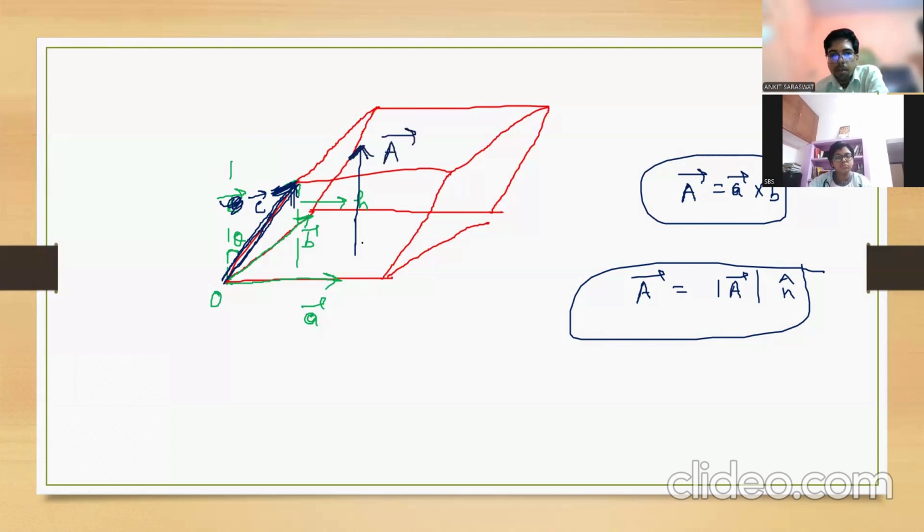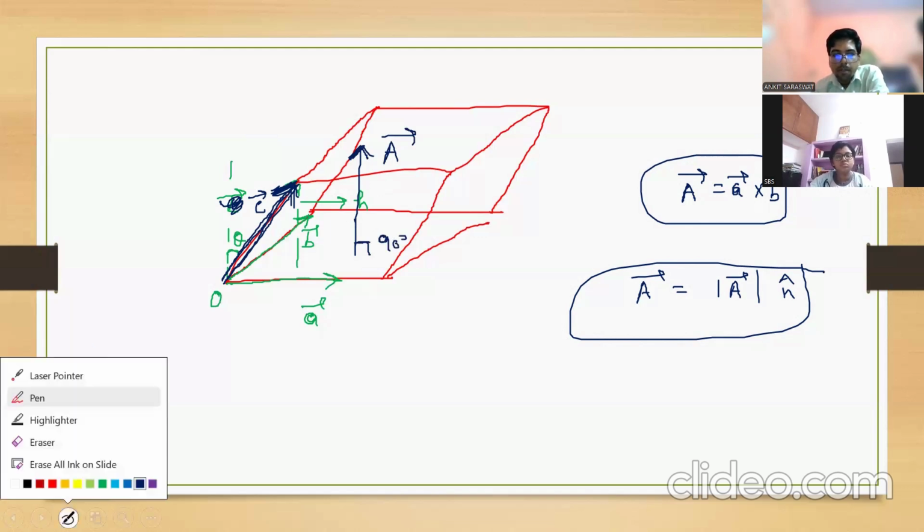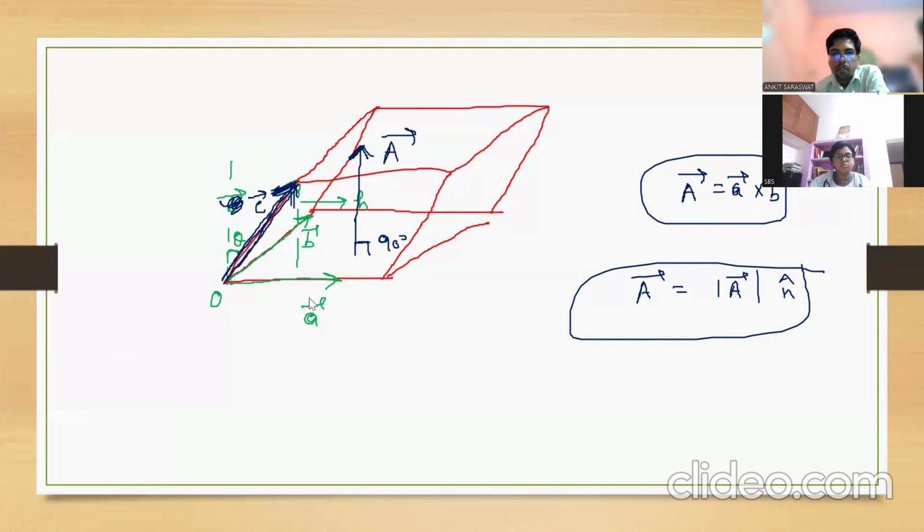It is perpendicular, either out of the plane or into the plane. If you shift this area vector, which is perpendicular, parallelly, then can I say this is also area vector?